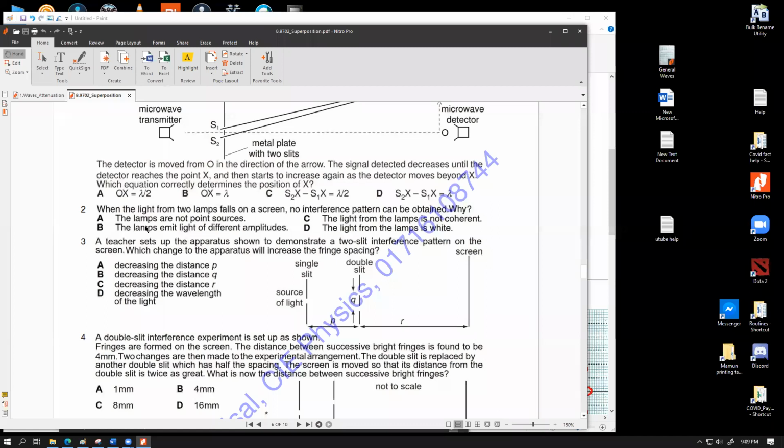So which one do you think is the correct response? B. Okay, I'll give some more time, because answers coming in doesn't mean you have to stop thinking.